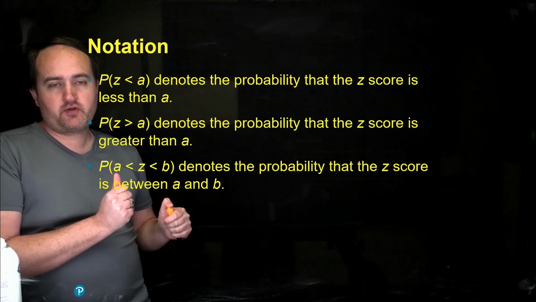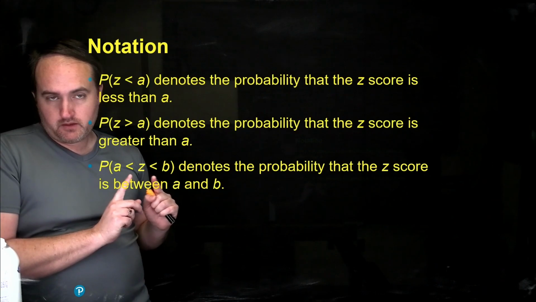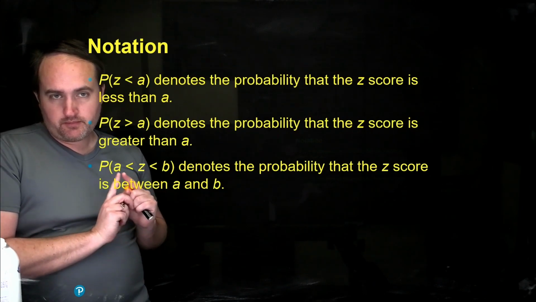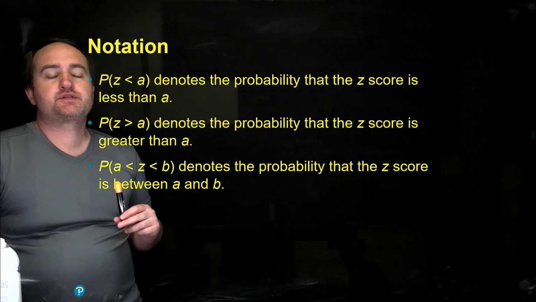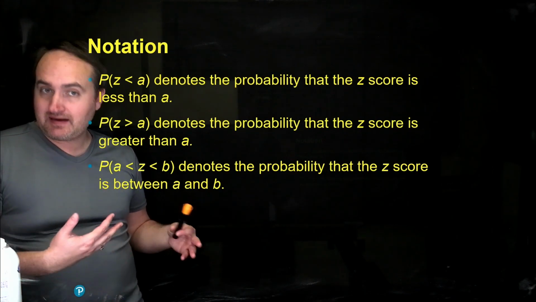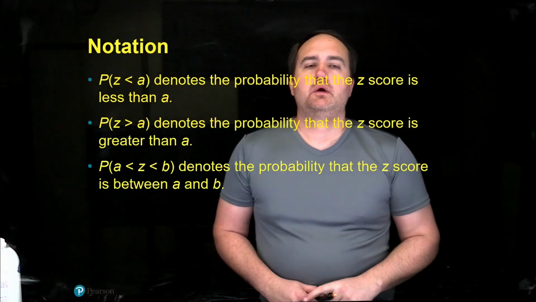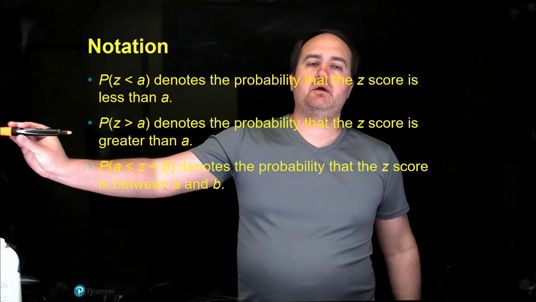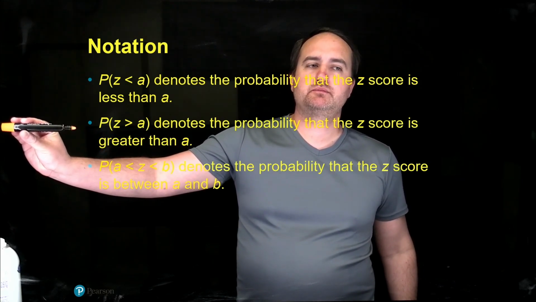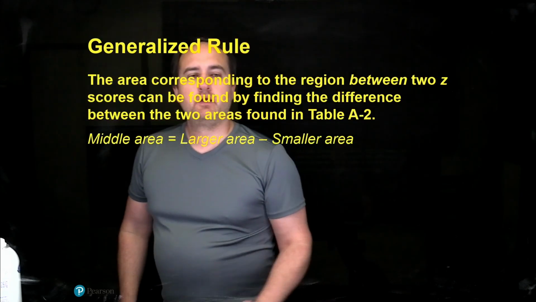So here they're calling it A and B. So it's a double inequality. Z's in the middle. But think of A and B as actual z-scores. So I like to call this third case the area in the middle. So area to the left is case 1. Area to the right is case 2. Area in the middle is case 3.